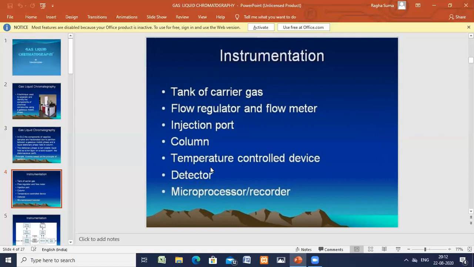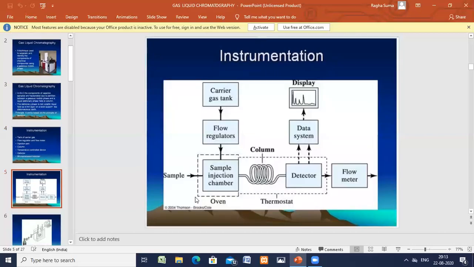You can also see the detector, microprocessor, and recorder. All these come under the instrumentation of GLC. Now we'll see the flow chart, the diagram of gas liquid chromatography.